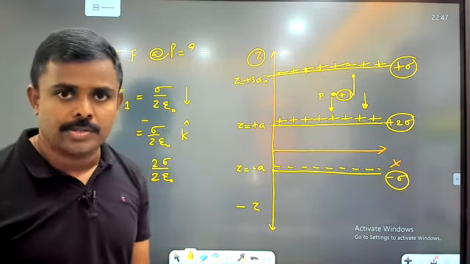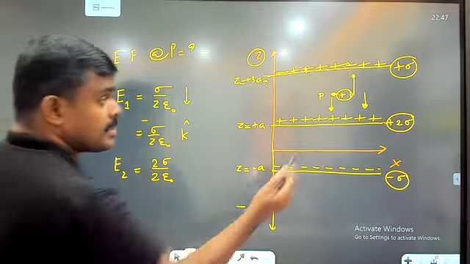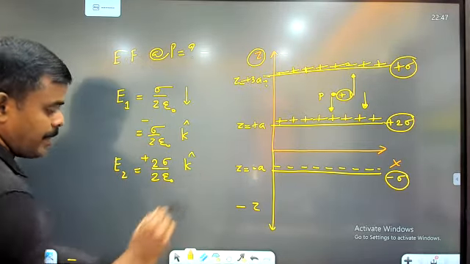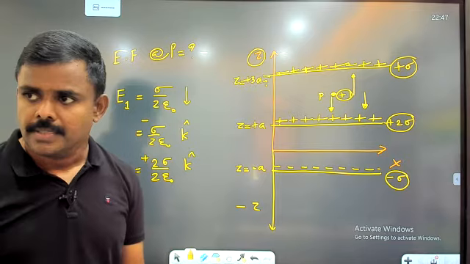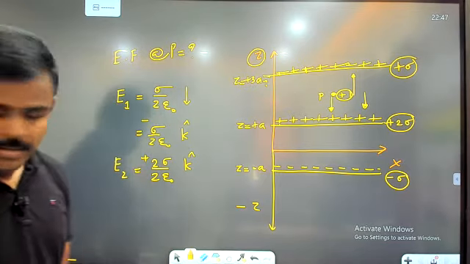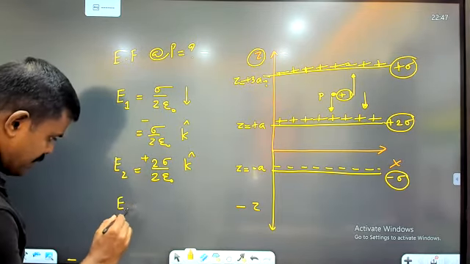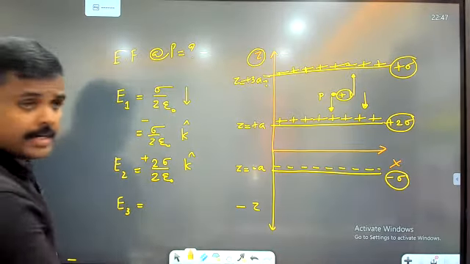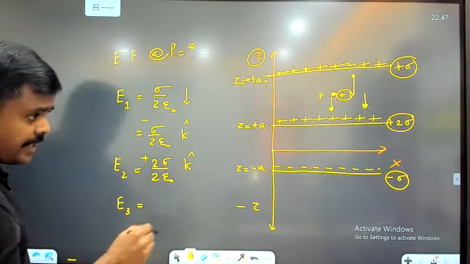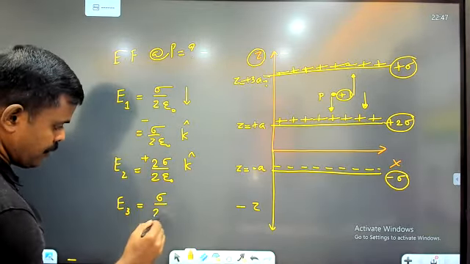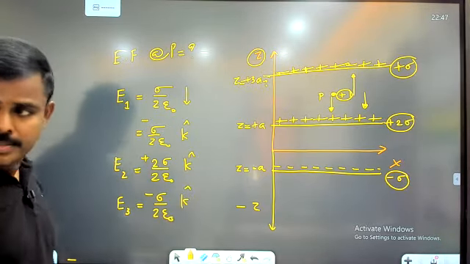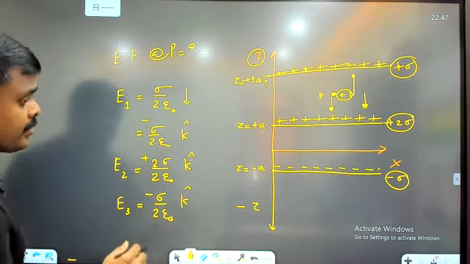It is in the upward direction, so I put plus k cap. Then E3, the electric field due to the third sheet, which is minus sigma. That is downward, sigma by 2 epsilon 0, so minus k cap.